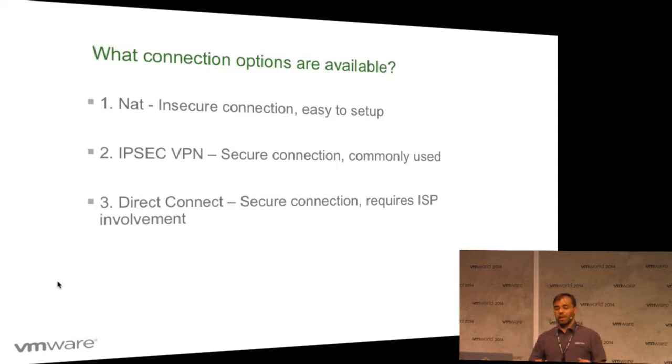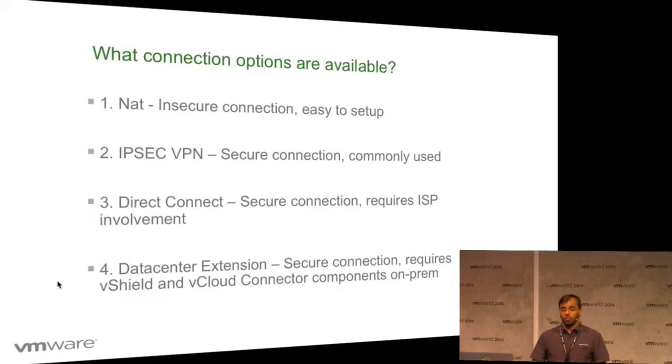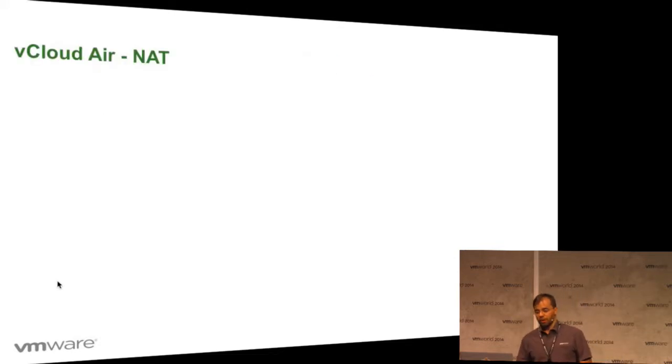They will create the MPLS network, and it will allow us to stretch our network into vCloud Air. The fourth option will be data center extension. With a little configuration, we'll configure our environment to allow us to move workload and the network into vCloud Air. So we'll look into each one individually.